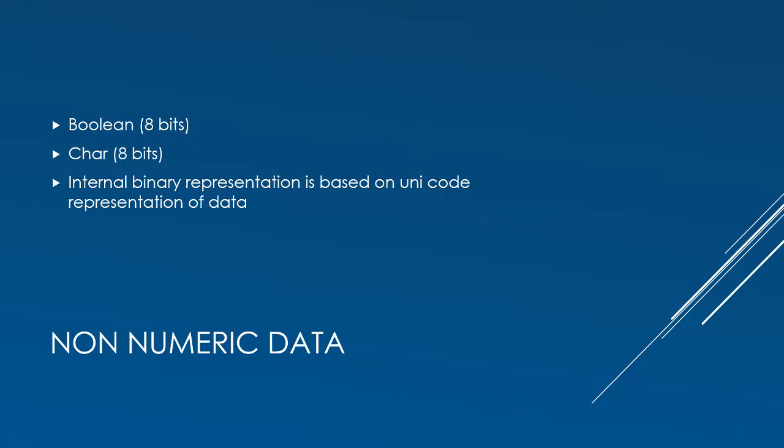Now, some non-numeric data types that we might use. A Boolean variable takes 8 bits or 1 character of RAM, and a char data type takes 8 bits or 1 character. When we're using non-numeric data, our internal binary representation of this data is based on the Unicode representation of the data, or the ASCII code table.